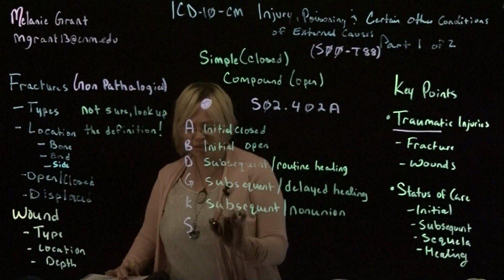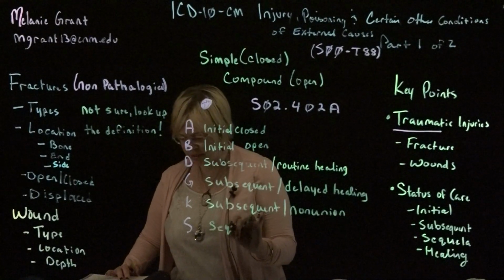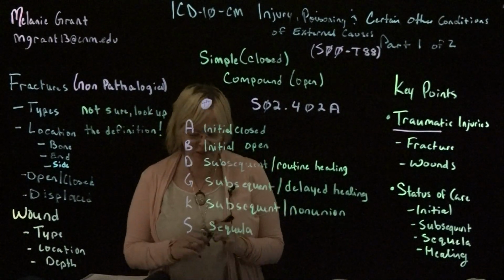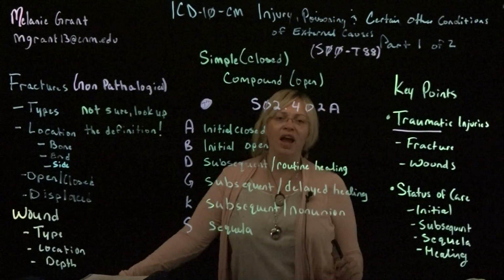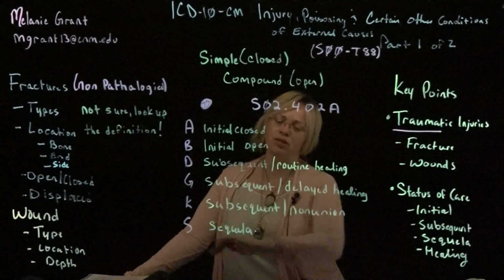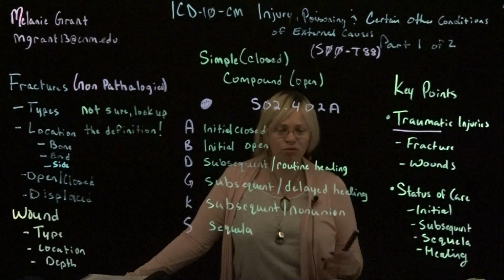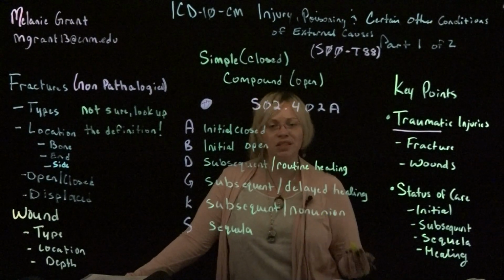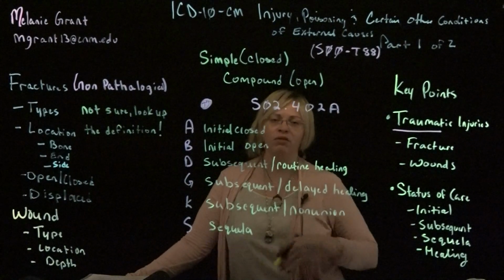And then our S is sequela, meaning that the injury is a late effect of the fracture itself. So they're being seen for something that was caused as a result of this fracture. And oftentimes when you have the S for sequela with an injury, there may be another condition, such as arthritis caused by an initial injury, and you'll have the condition followed by the fracture as a sequela, followed by any additional codes that apply.